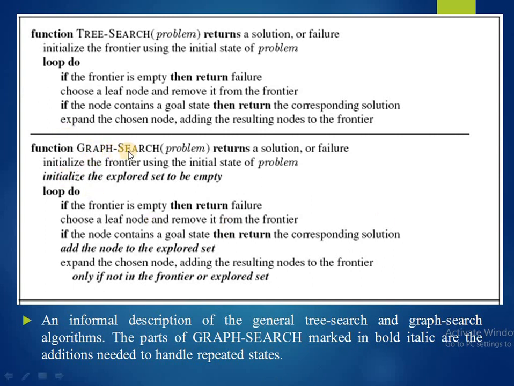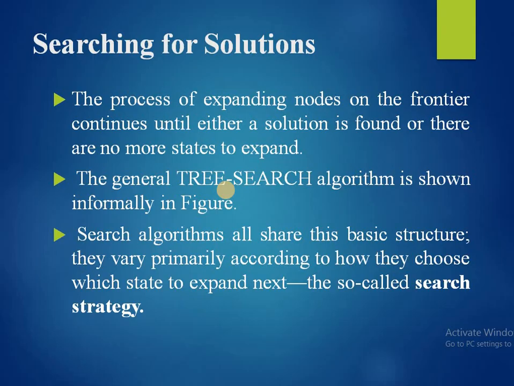The bold italic part is provided for the actions needed to handle repeated states, that is, initialize the explored set to be empty, and so on. So this is nothing but the graph search and tree search functions provided here.